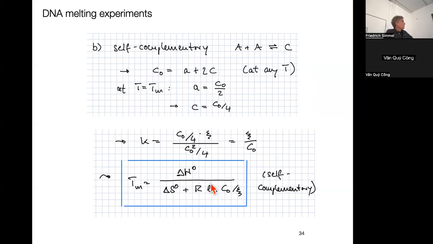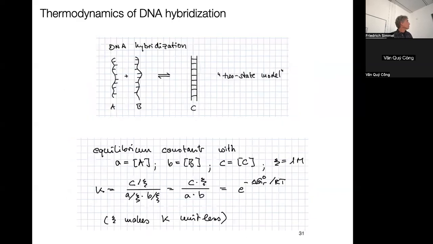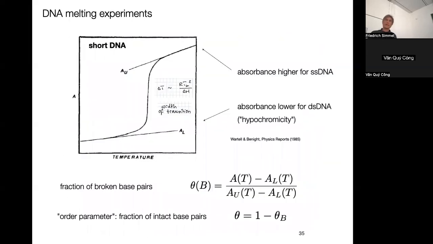And I'm talking about these things because they have been really technically important, because what people did over many decades in biochemistry labs is measure melting curves. So what you essentially do, you have a double-stranded DNA, and you heat your solution of the double-stranded DNA, and then you will see an absorbance signal that looks like this here.